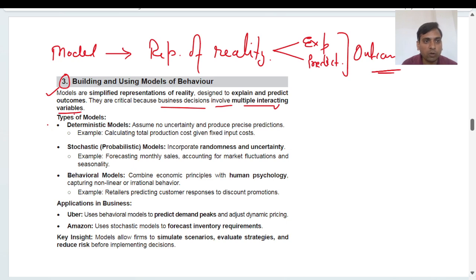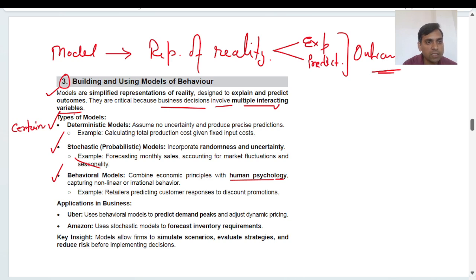So the types of models, basically three types of models. First model is deterministic, second is stochastic or probabilistic, and third is behavioral models. So this third model is basically dependent on human psychology. This deterministic model is based on certain things, fixed things.